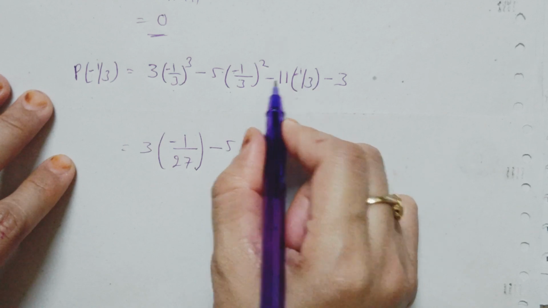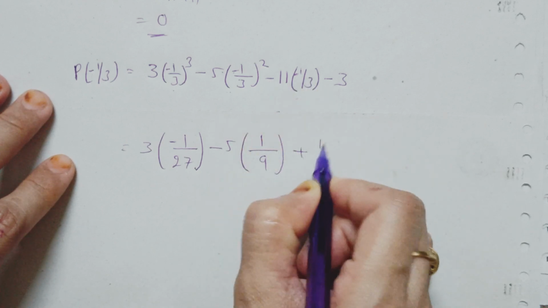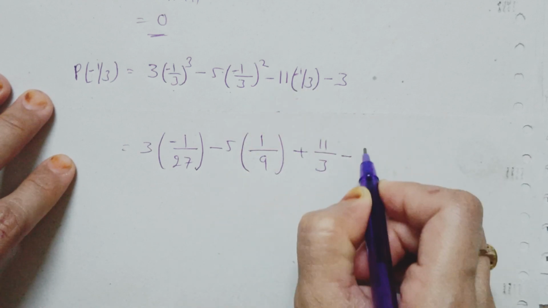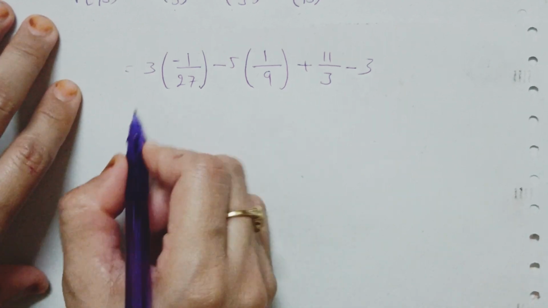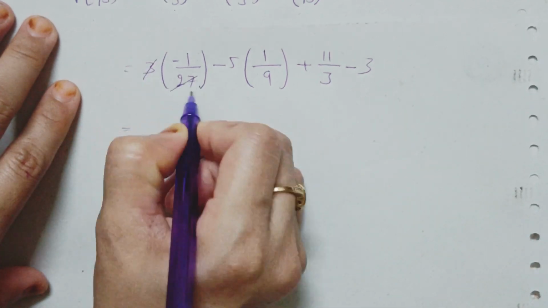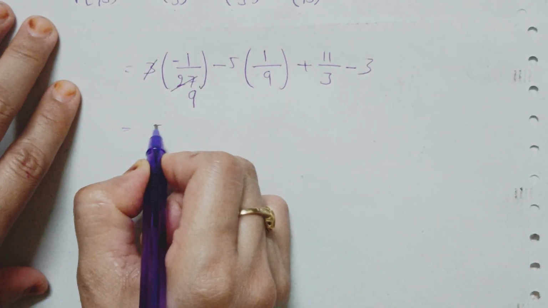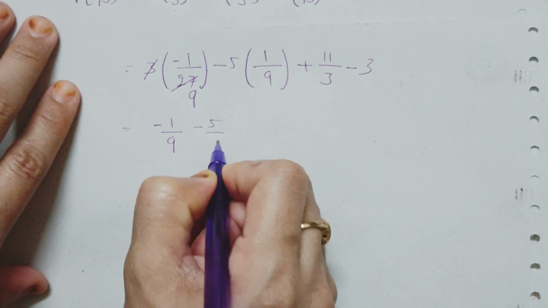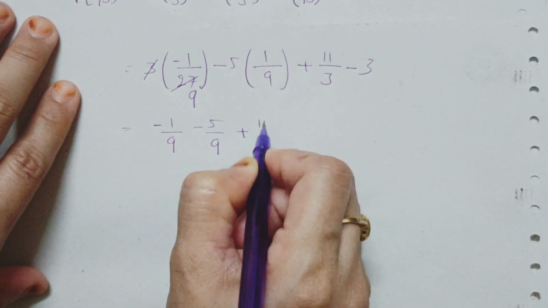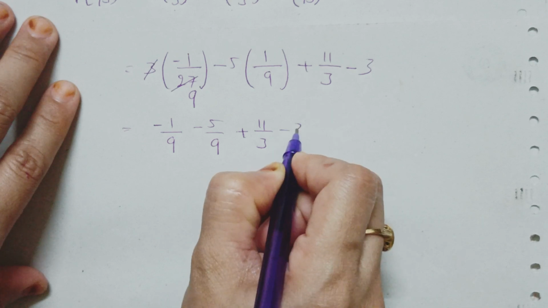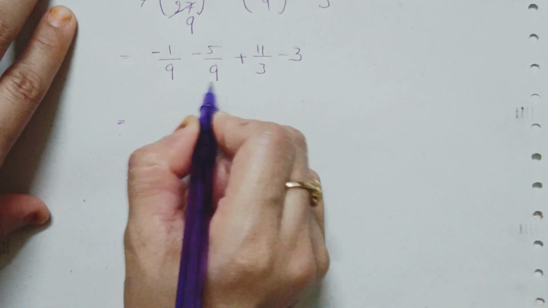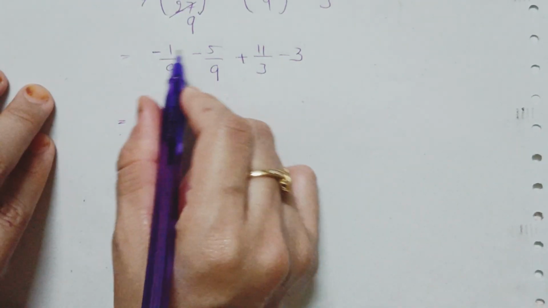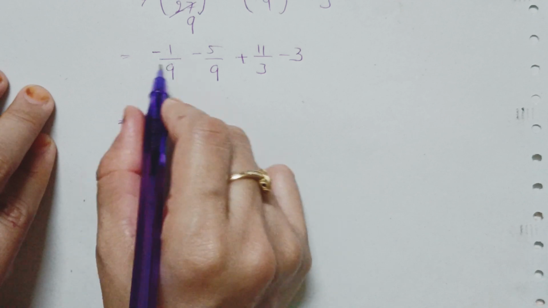Then minus of minus is plus 11 by 3, minus 3. So 3 ones, 3 nines. Therefore, minus 1 by 9, then minus 5 by 9, then plus 11 by 3, then minus 3. Here two terms are common, so first we'll do the addition for this.